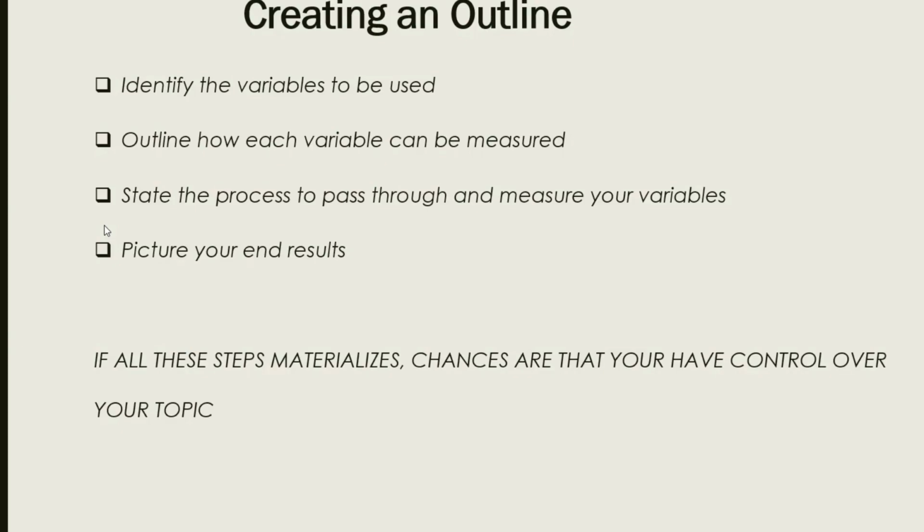My variables I've really identified, I know how I'm going to measure them, I have all the processes, and then I have my end results, what I think I can get. Once you have all these things in place, my good friend, you are done, and you are up to getting a very quality work done. Chances are that once you start, everything moves smoothly.